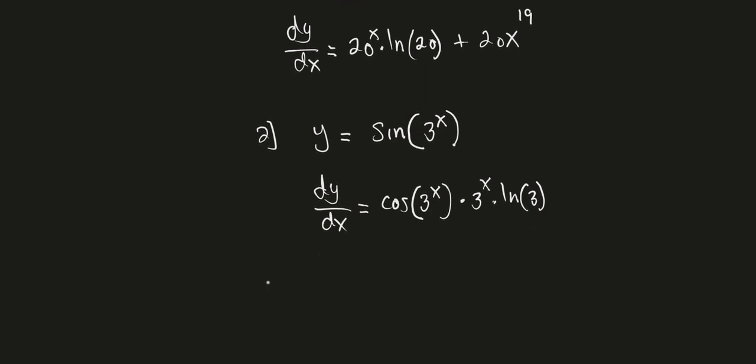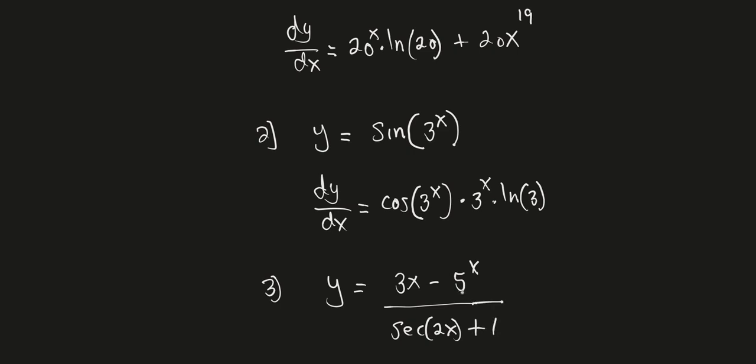Let's try another one. So let's say we have something like 3x minus 5 to the x over, let's say, secant of 2x plus 1. All right. So now the functions are getting a little bit more complicated.